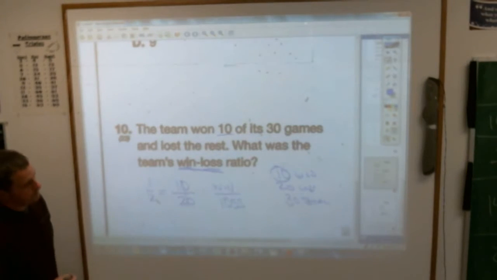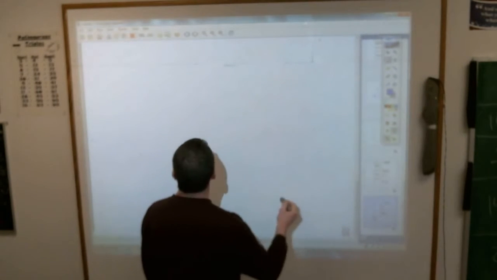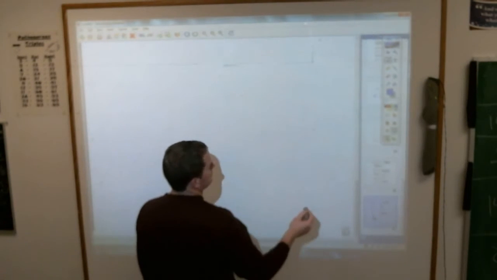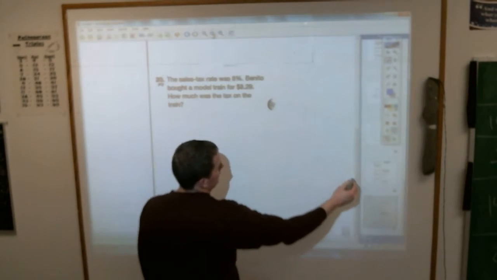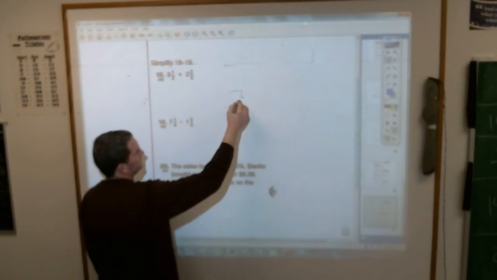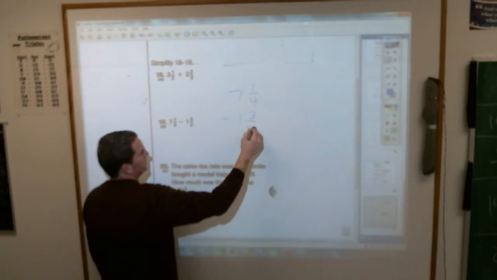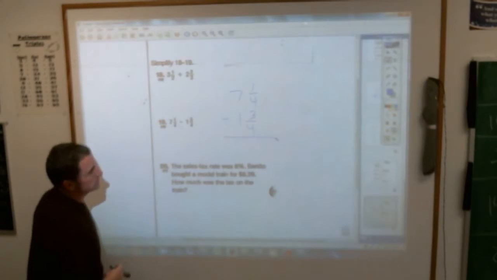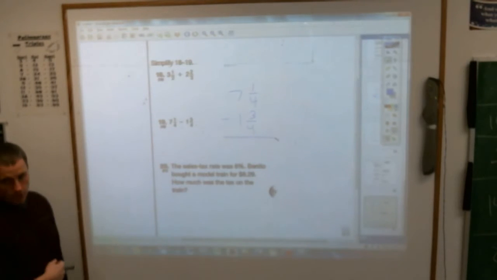Number 19. Number 19 says, did you write it up and down, Lainey? Yeah. 7 1/4 minus 1 3/4. Can't take 3/4 away from 1/4, so you have to.